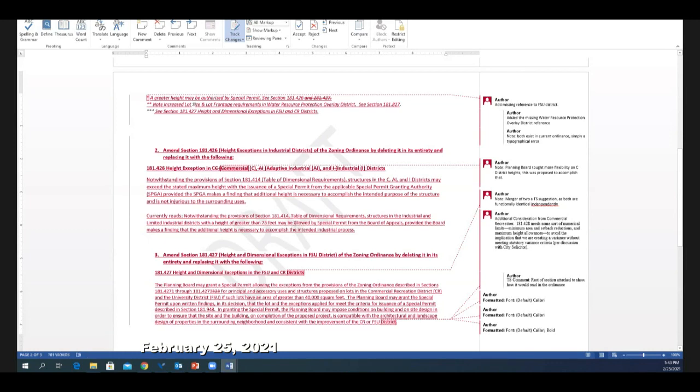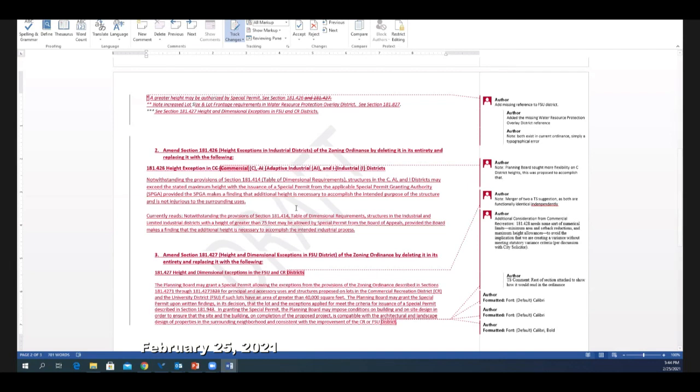Here's how it currently reads. Here's how it would read in the amended version. That would state that structures in the commercial, AI and I districts may exceed the stated maximum height with the issuance of a special permit from the applicable special permit granting authority, either planning board or the ZBA, if they make a finding that additional height is necessary to accomplish the intended purpose of the structure and is not injurious to the surrounding uses.